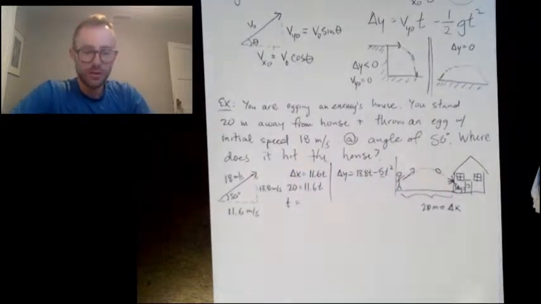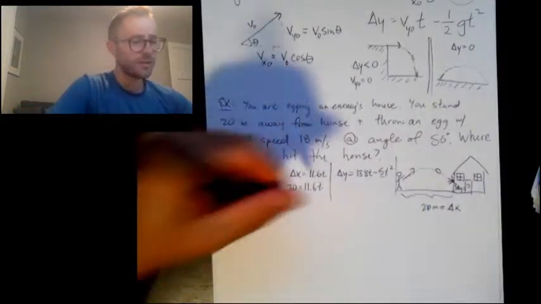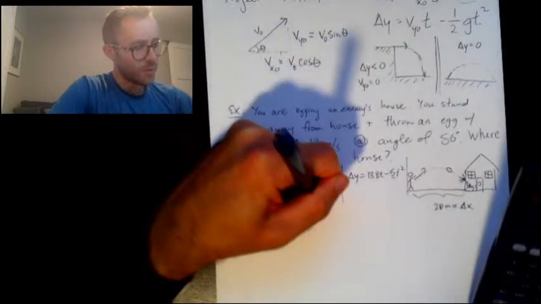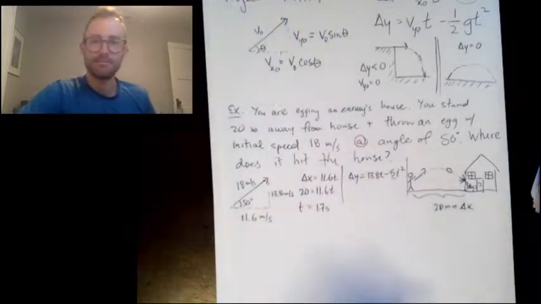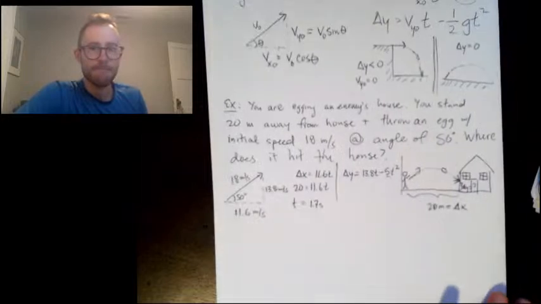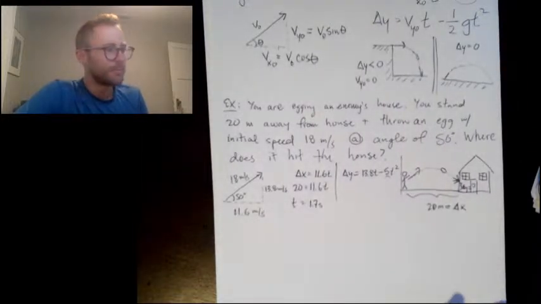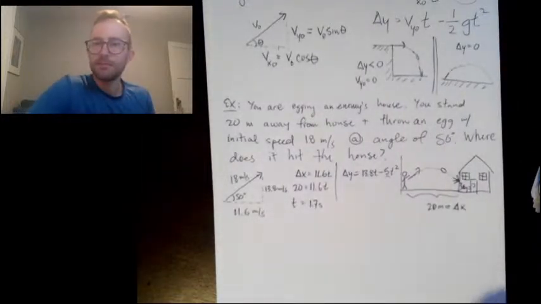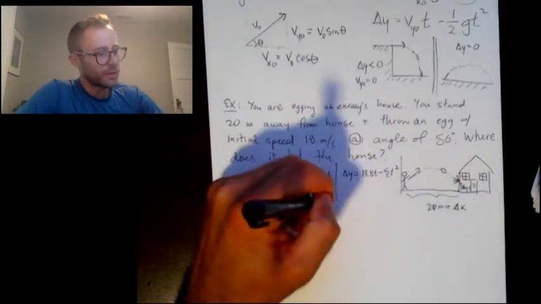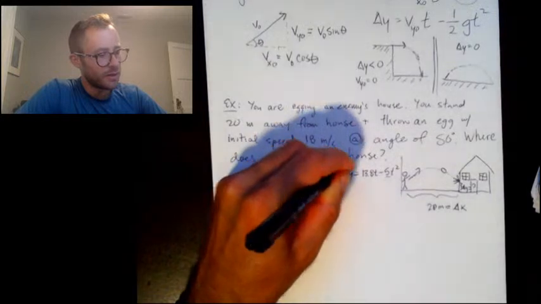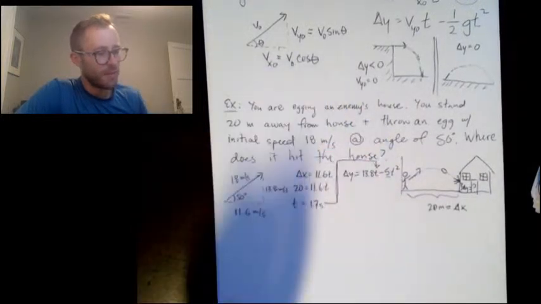Divide both sides by 11.6, and we get that the time of flight is 1.7 seconds. So now we take that 1.7 seconds and plug it in for time.